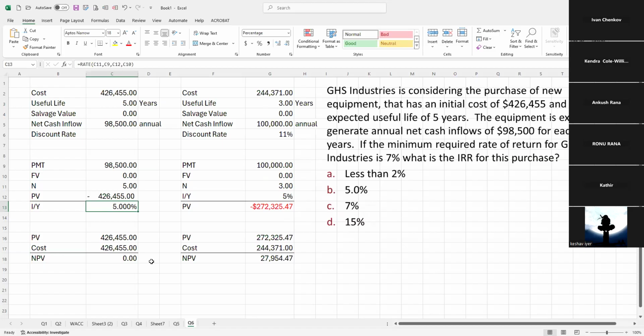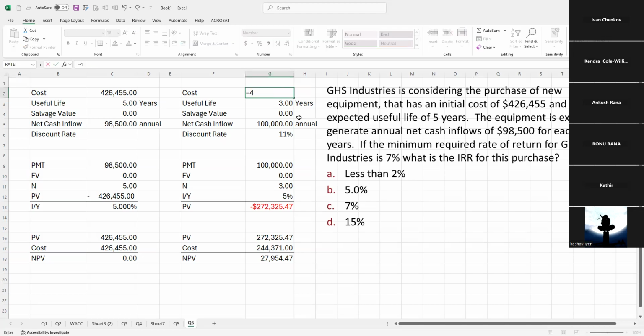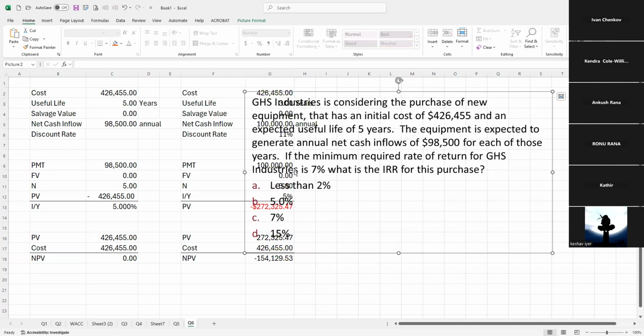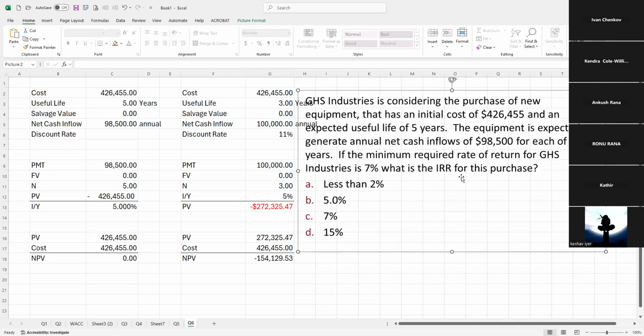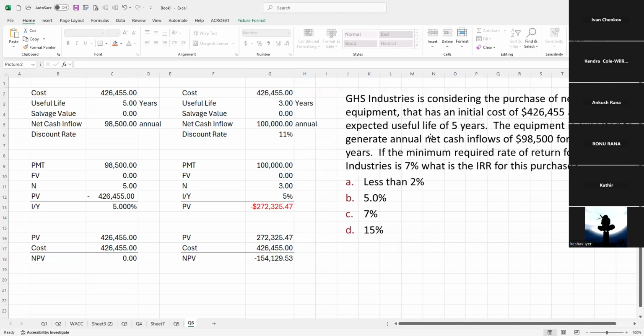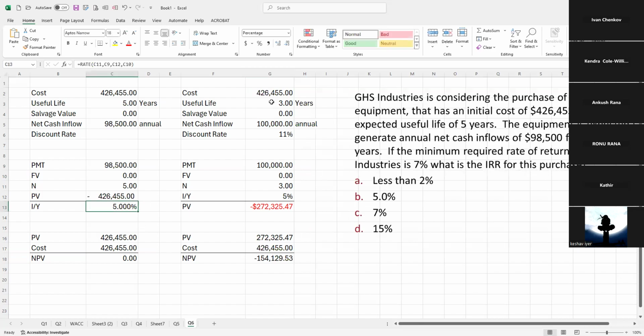Shall we accept it? What do you say? Shall I accept this project? So again, if the industry required rate of return is 7%, but this project gives me 5%, should I accept it? No. Why would I?